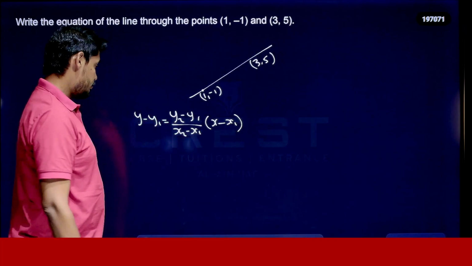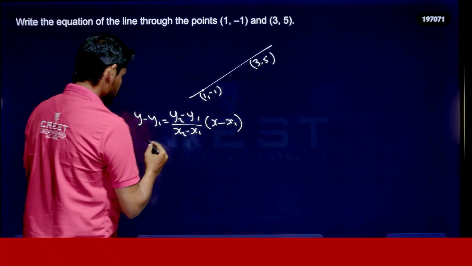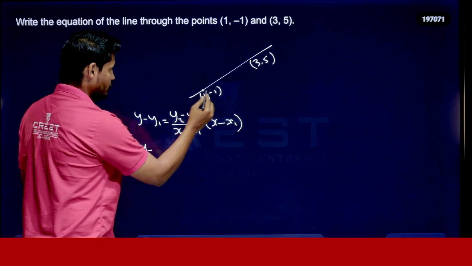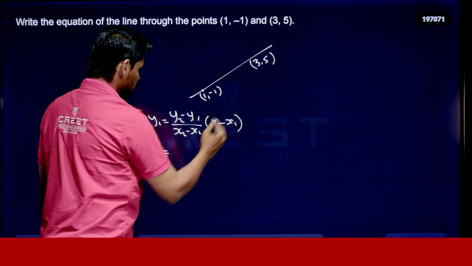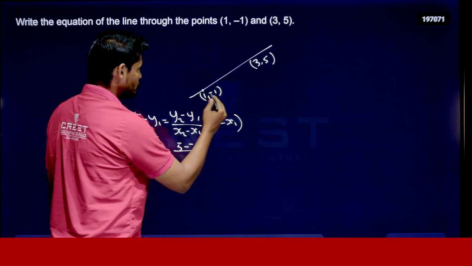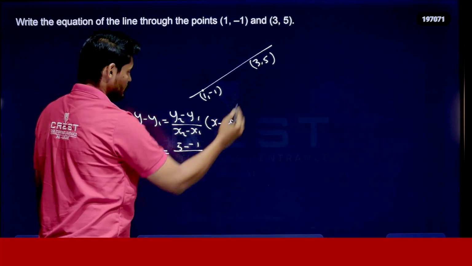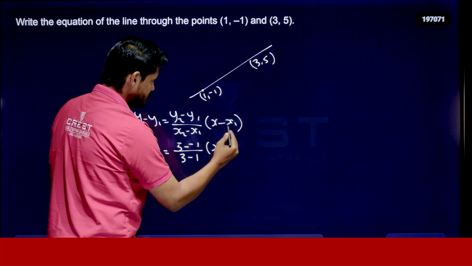That is the 2-point form. So this is our x1 y1, this is x2 y2. So y minus, what is our y1? y1 is minus 1. So y minus minus 1 equal to y2, 5 minus minus 1, divided by x2, x2 is 3 minus 1, into x minus x1, which is 1.